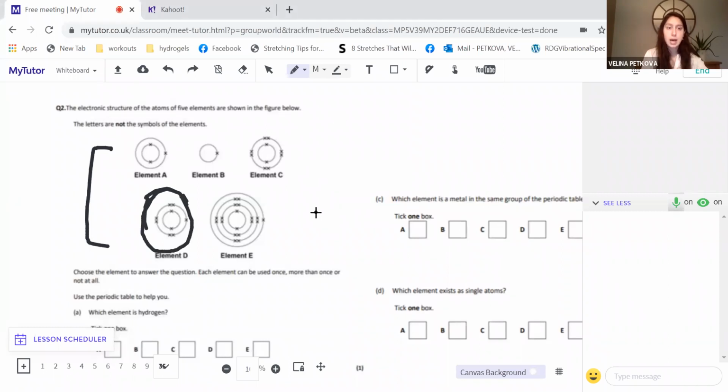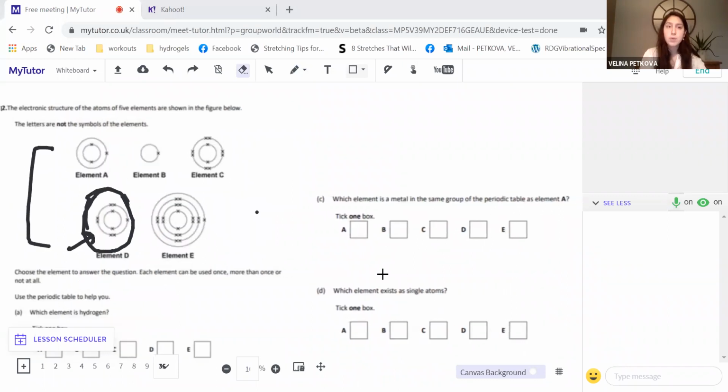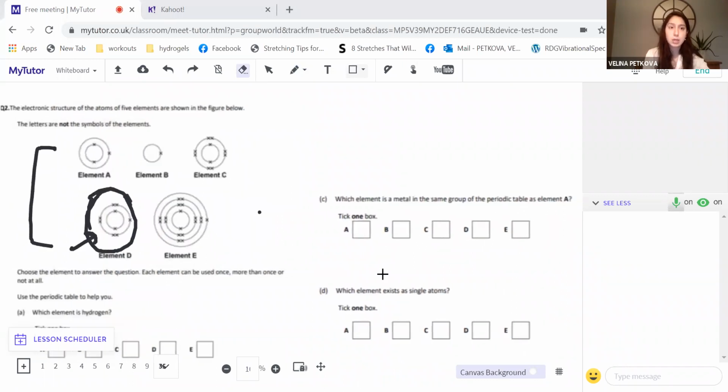So it is a halogen. Yep, group 7, halogen. Okay. So which is a metal in the same group of the periodic table as element A? So which one do we think is a metal that's in the same group as element A?